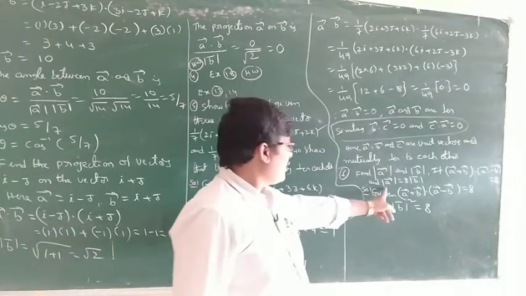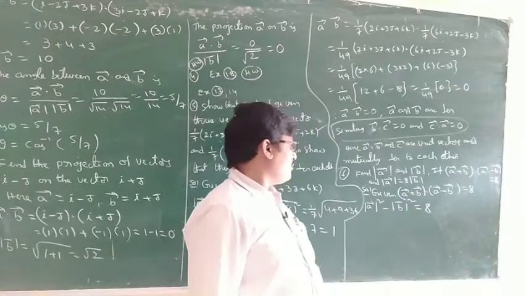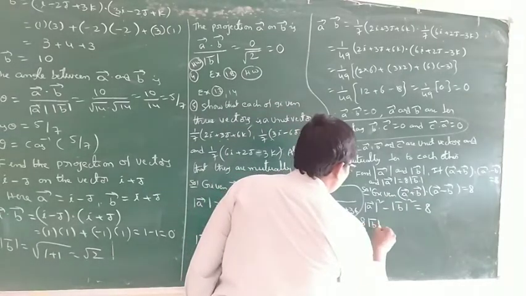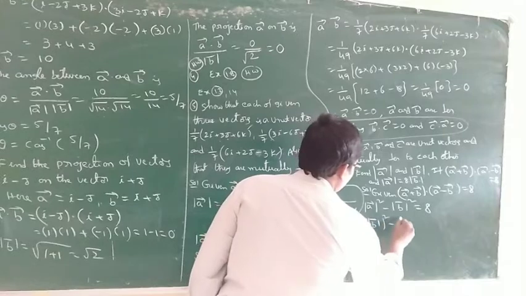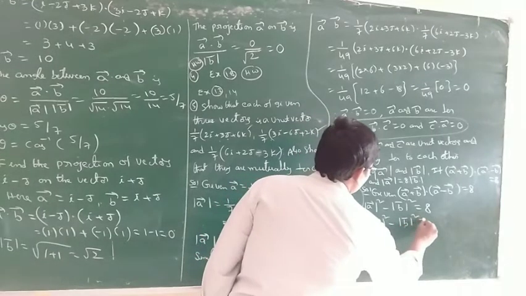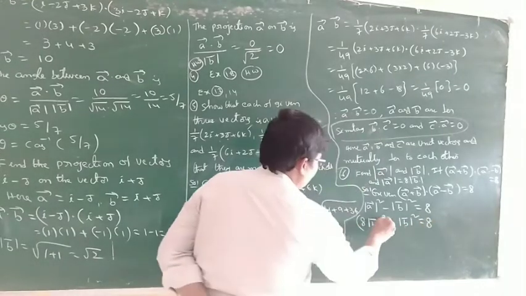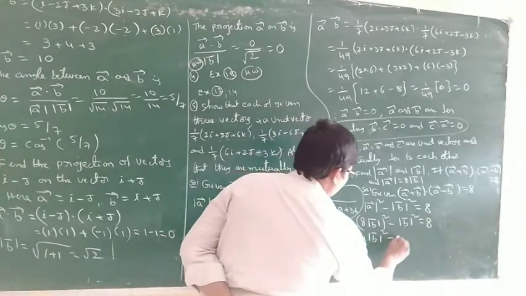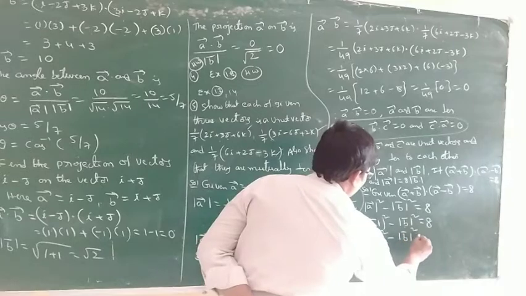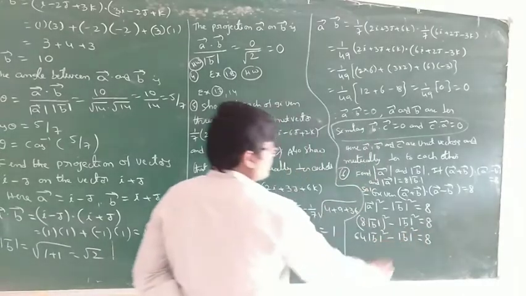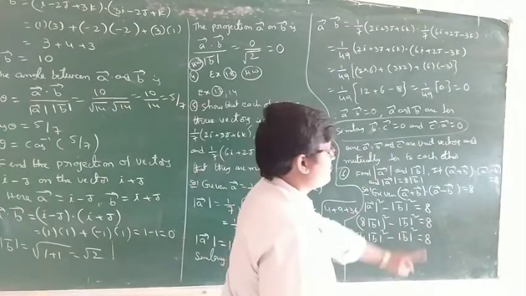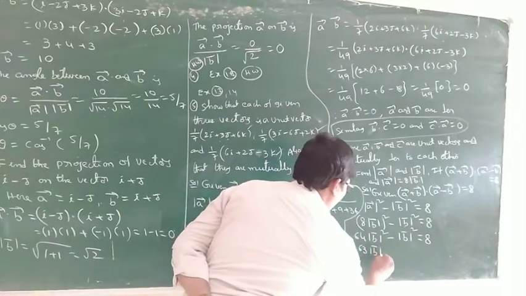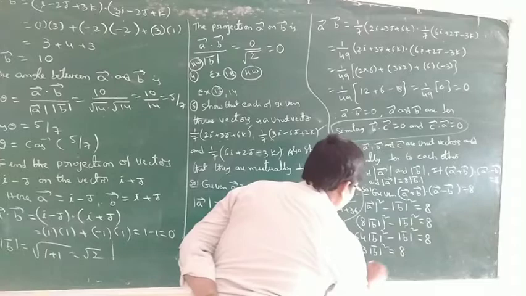So magnitude of a bar is equal to 8 into mod b bar. So 8 into magnitude of b bar whole square minus mod b bar whole square is equal to 8. 8 into 8 is 64. So 64 mod b bar whole square minus mod b bar whole square is equal to 8. So 63 mod b bar whole square is equal to 8.